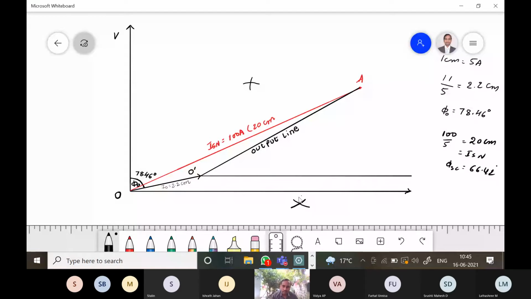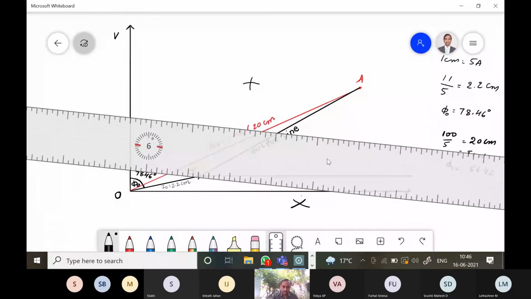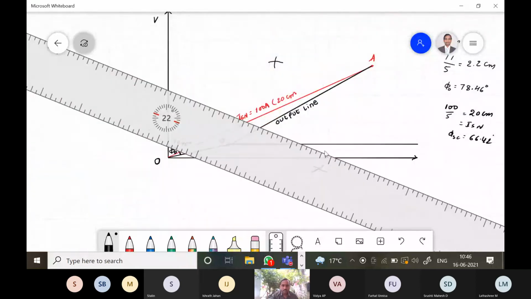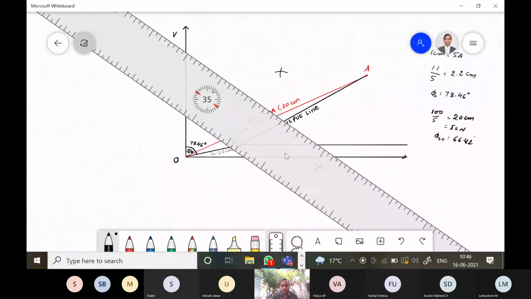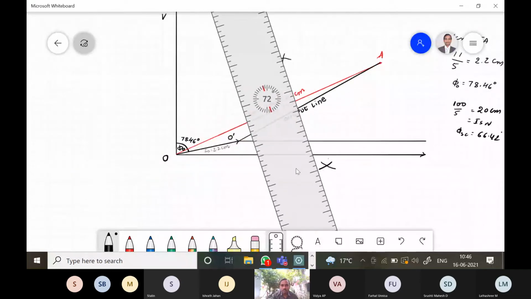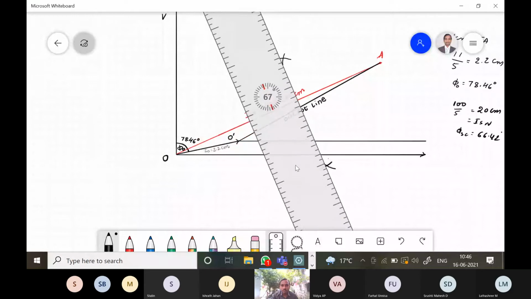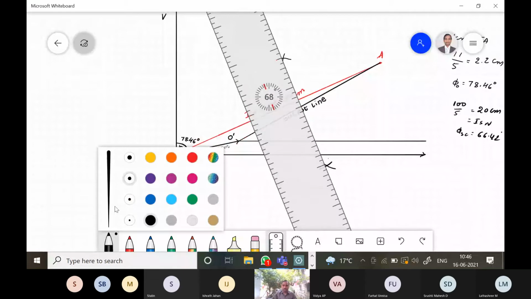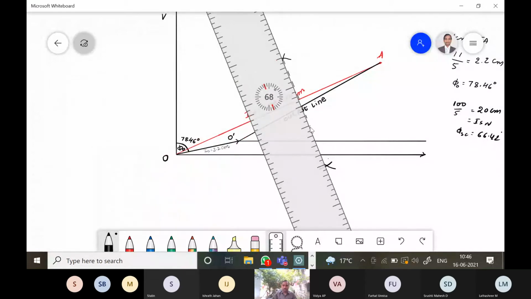Now join both the arcs through a dotted line.